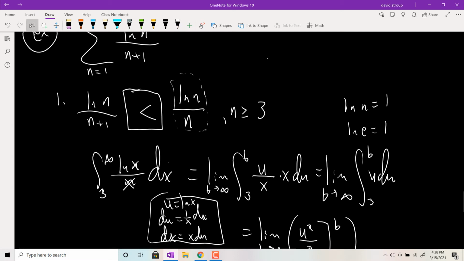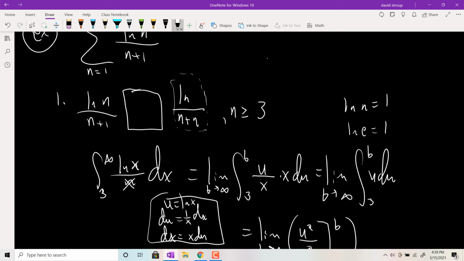How about this? I would say just do an integral test from the beginning. Let's see if I can increase the denominator. What I want to do is do like an n plus n, and then I think that'll do it.